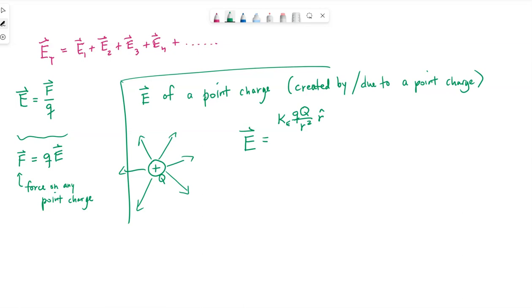So our electric constant, the charge on a test charge, the capital Q from this one creating the electric field, R in the denominator being the distance out to wherever the probe charge would be, and R hat meaning a radial direction. The force was either attractive or repulsive. In this case, it points away. It's repulsive.